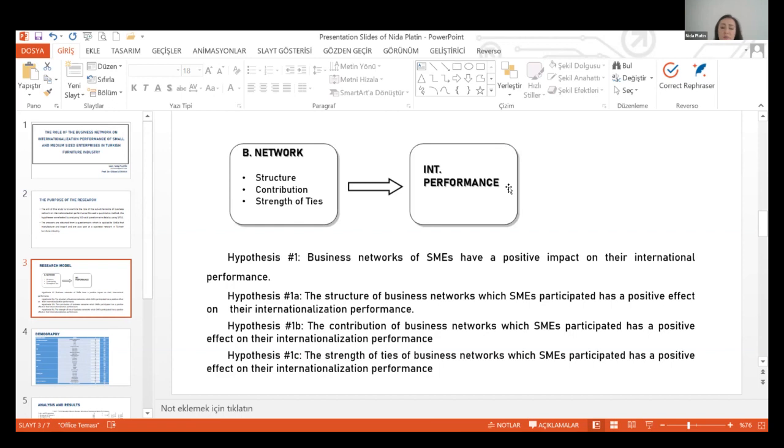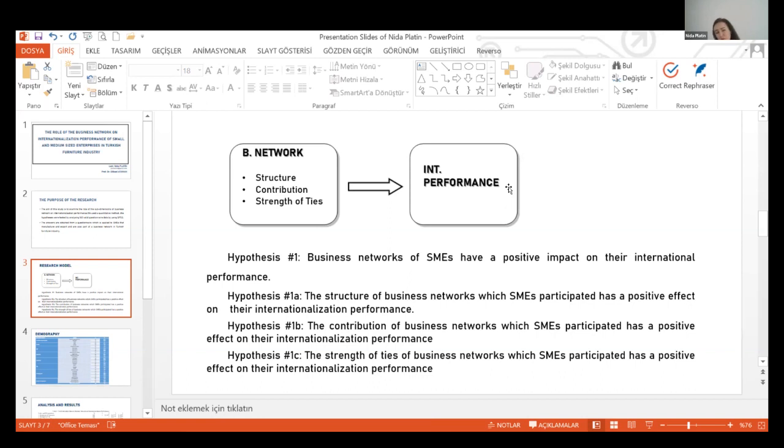To measure the internationalization performance: international performance is generally measured with the ratio of foreign sales to total sales of the companies. So we asked them about their last 3 years with a 7-point Likert type, from strongly disagree to strongly agree.